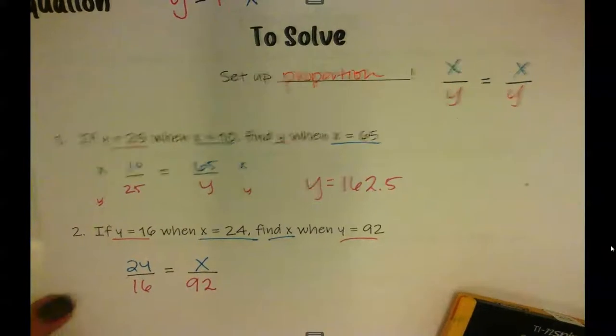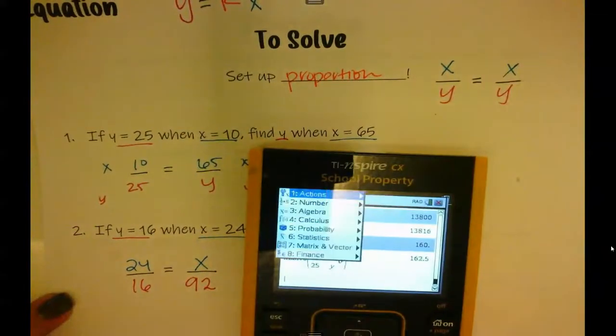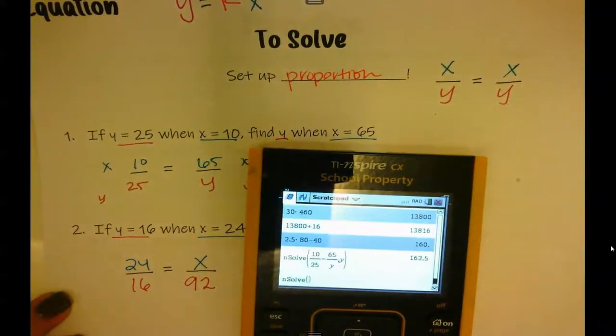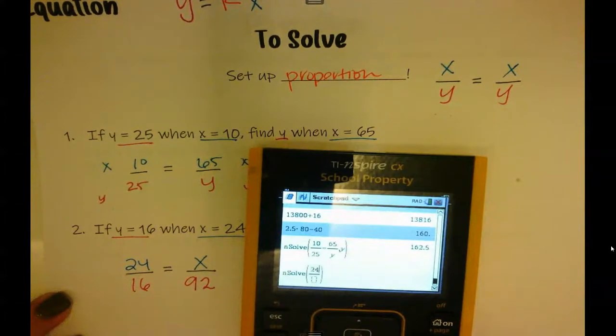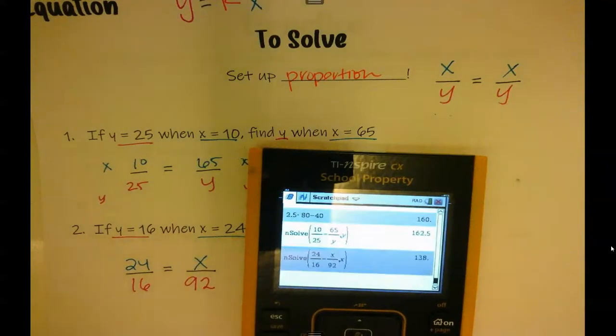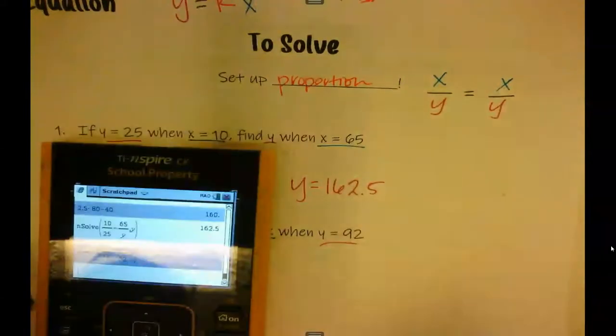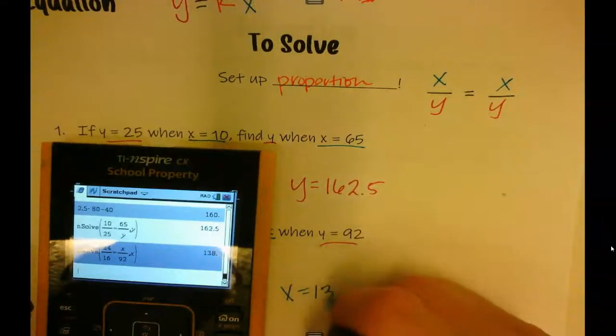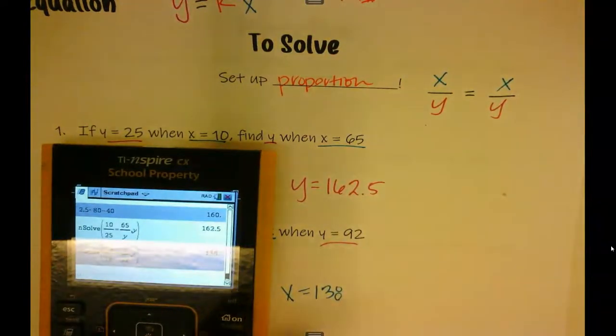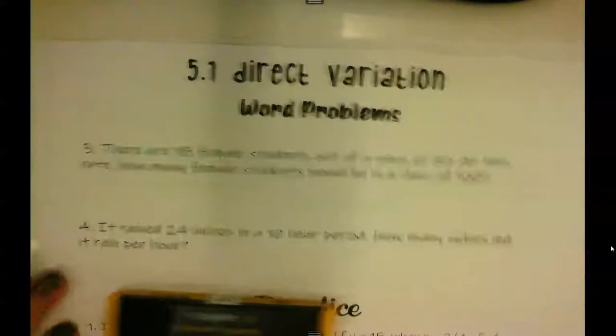So when I put that in here, menu 3-1, Control division sign, 24 over 16 equals x over 92, comma x. Here we've got x equals 138.